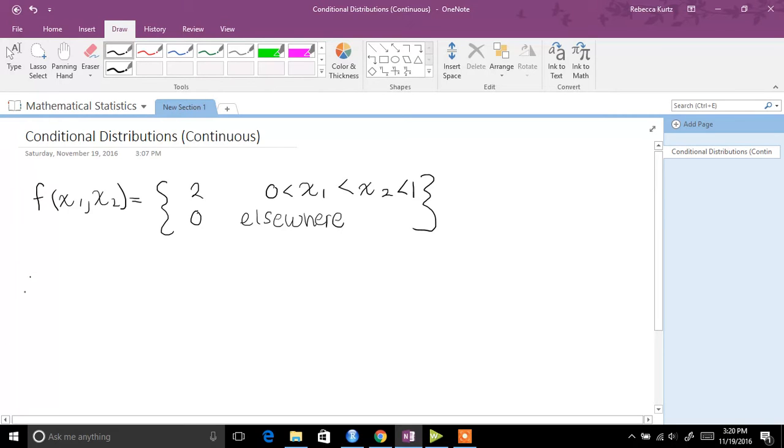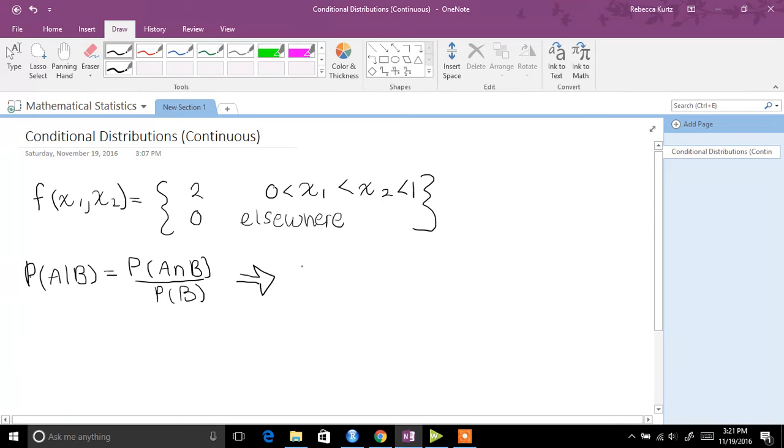A quick review of that is the probability of A given B is equal to the probability of A and B over the probability of B. And we can actually use this theorem to find our conditional distribution.